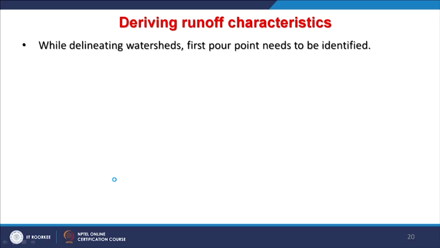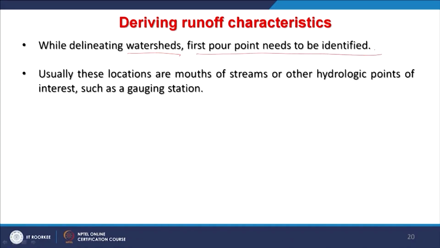Now, one of the outputs or derivatives of surface hydrologic modeling using a digital elevation model is delineating a watershed. For that, the pour point needs to be identified first. Usually these locations, the pour points or outlets, are the mouths of the stream or other hydrologic points of interest such as gauging stations.